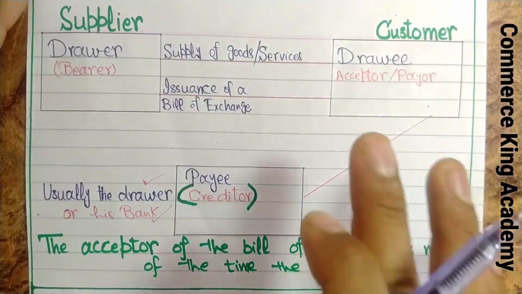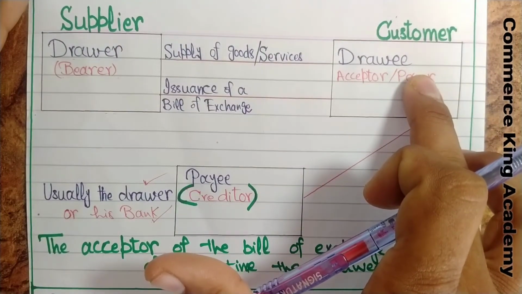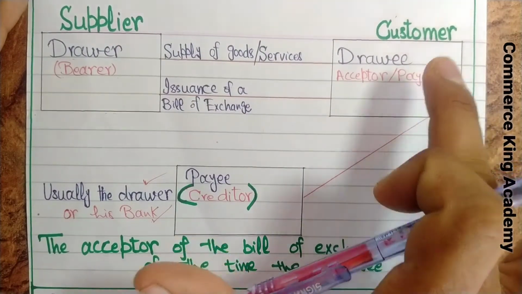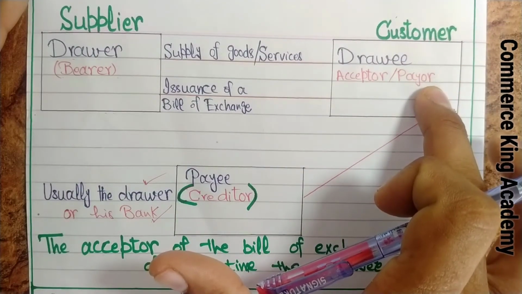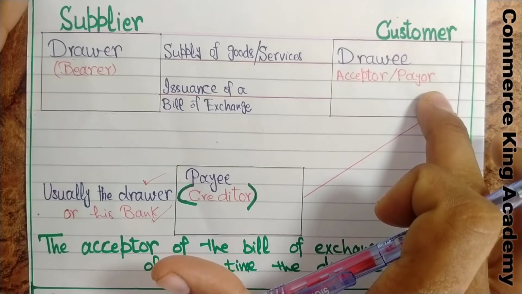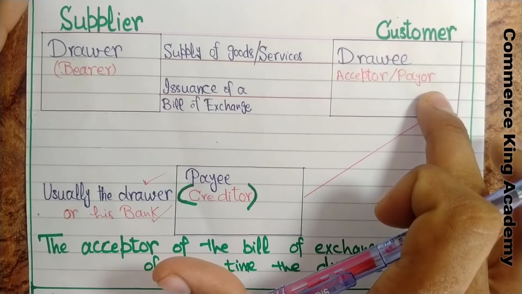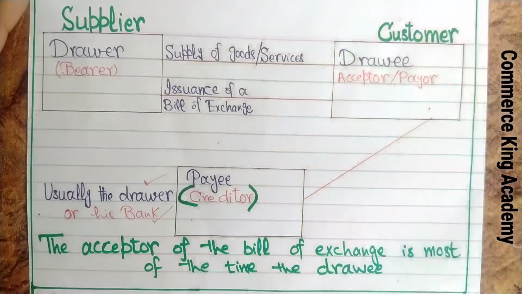The document binds the drawee to honor the bill on the due date, and acceptance is unconditional, but in certain countries the drawee may restrict it to part of the sum payable. The acceptance may be general or qualified acceptance.